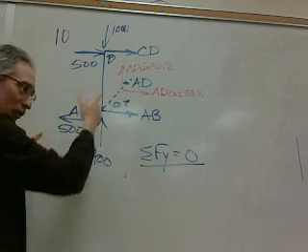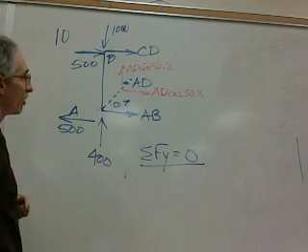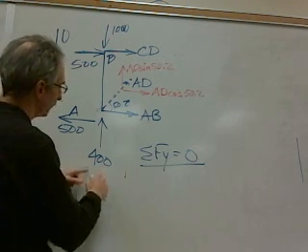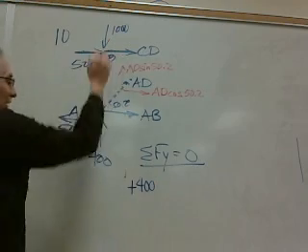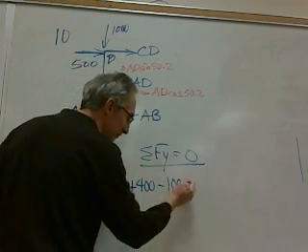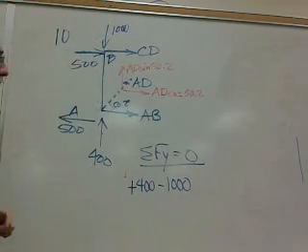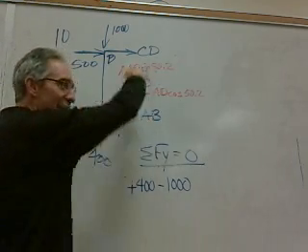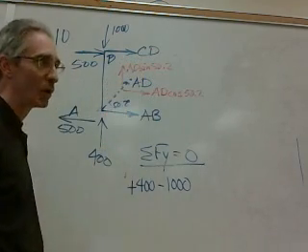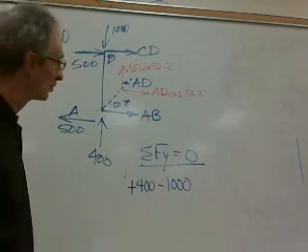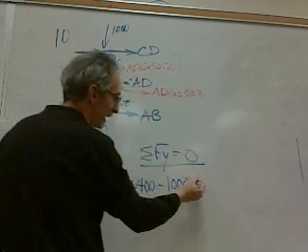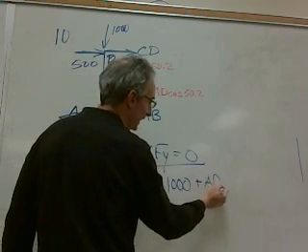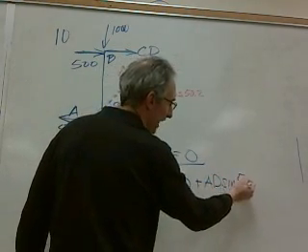Again, I have to include the other forces on this new free body that I've created. So I have plus 400, that was a reaction. I have the minus 1,000, that's the load up top. And the way I've always drawn these forces is acting away from the joints or away from the cut. So in this case I'd have a positive AD sine of that angle.